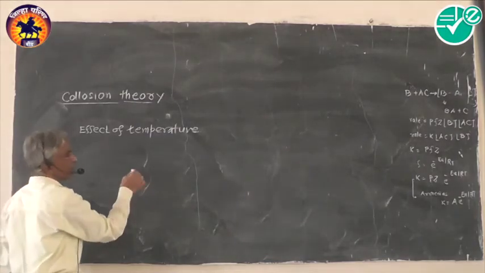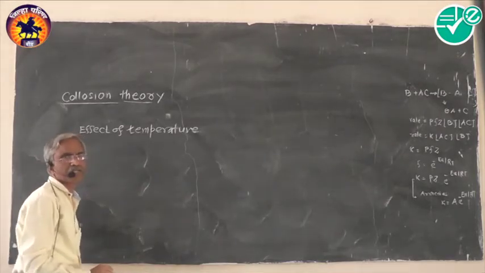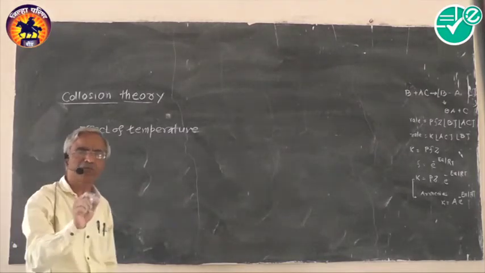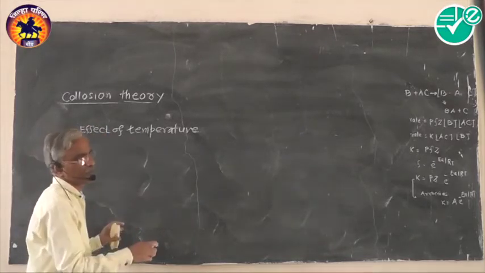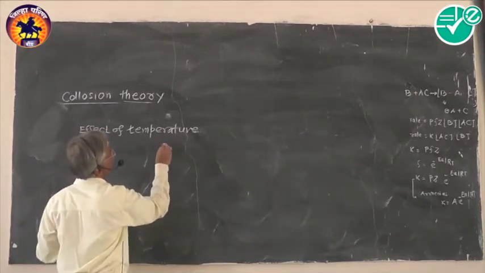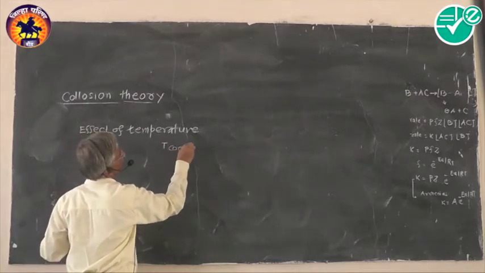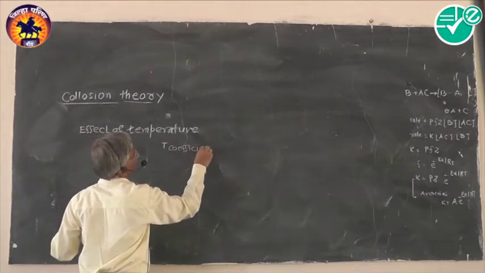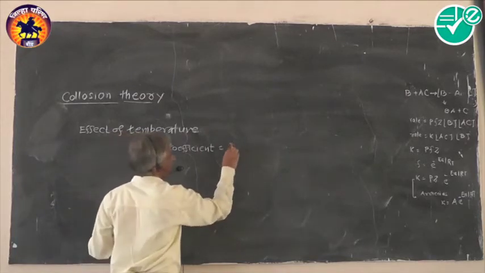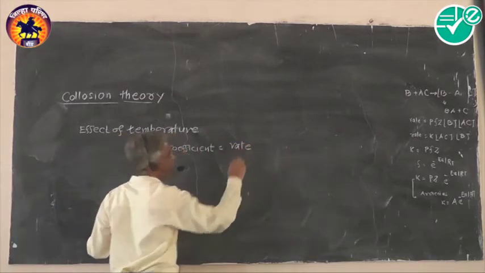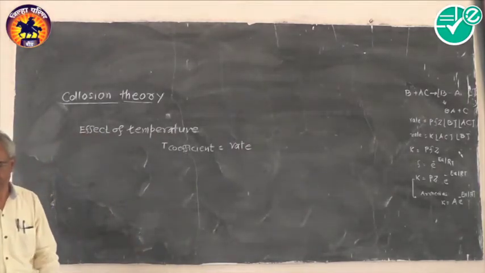Number one, with an increase in temperature, the rate of reaction is found to increase, irrespective of whether it is an endothermic or exothermic reaction, and this is called the temperature coefficient.